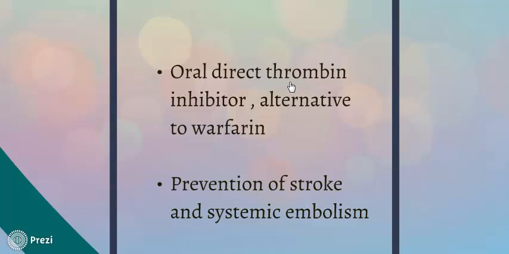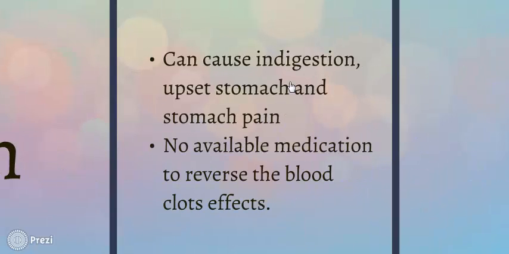Dabigatran is an oral direct thrombin inhibitor, and it is an alternative to Warfarin. We can use Dabigatran in order to prevent strokes and systemic embolism. The disadvantage of Dabigatran is that it can cause indigestion, upset stomach, and stomach pain.